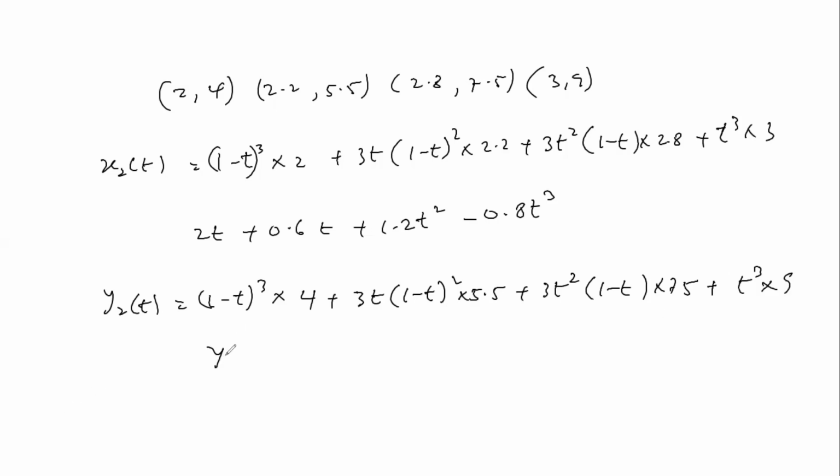And this will give us y of 2t as 4 plus 4.5t plus 1.5t squared minus t cubed.